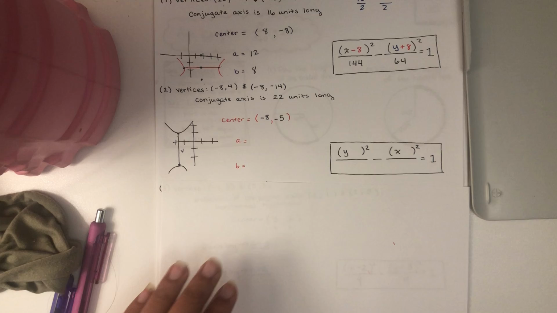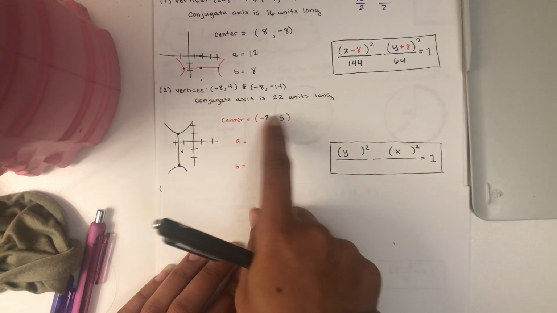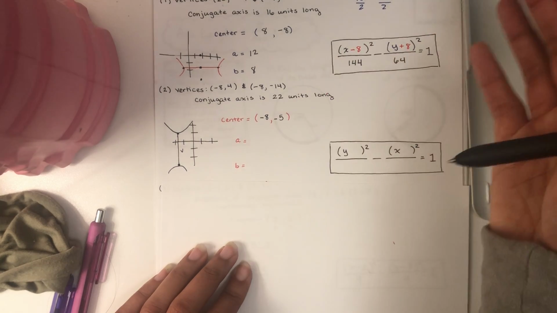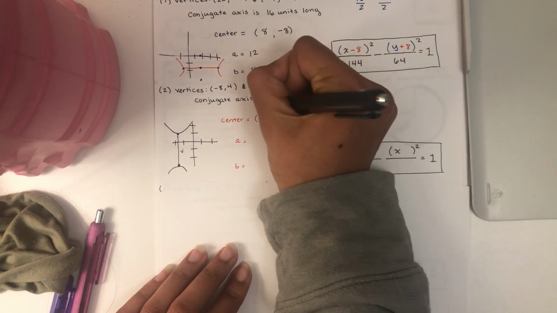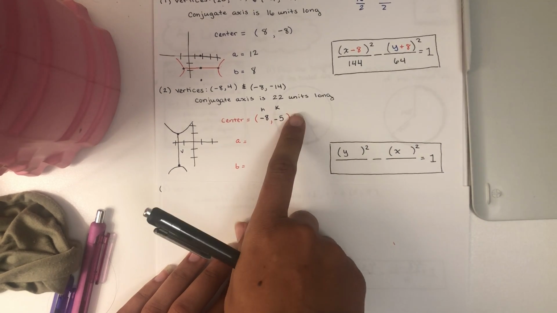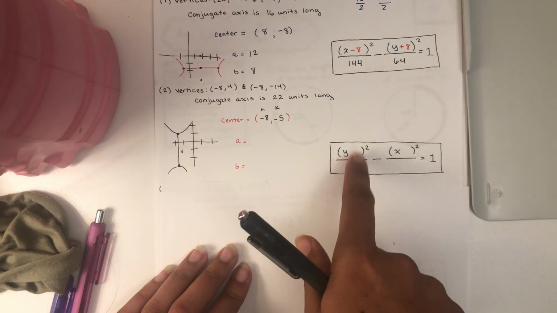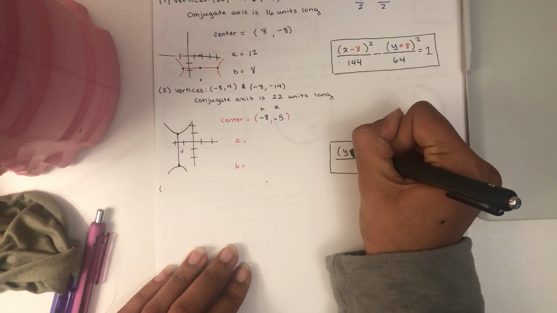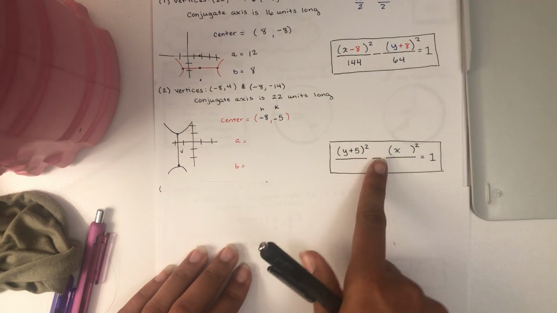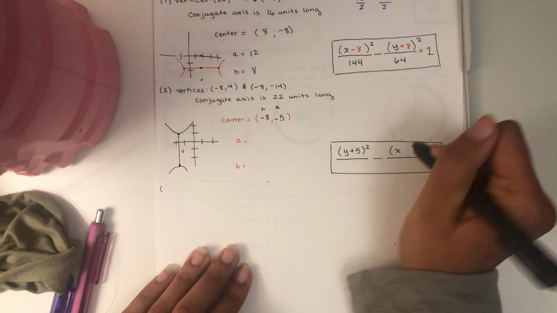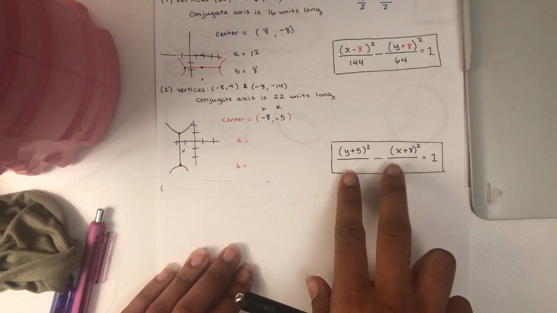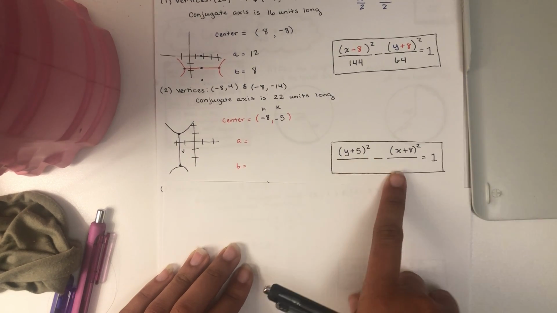-5. All right, now when I'm plugging this center, because don't forget, this is always -k, -h, depending on what formula you're using. This is your h, this is your k, or this is your x, this is your y. So the -5 has to go with the y value. Change the sign, becomes +5, and your x value has to go with the x in here. So this becomes plus 8. We're almost done, right? You just need to figure out what's your a squared and what's your b squared.